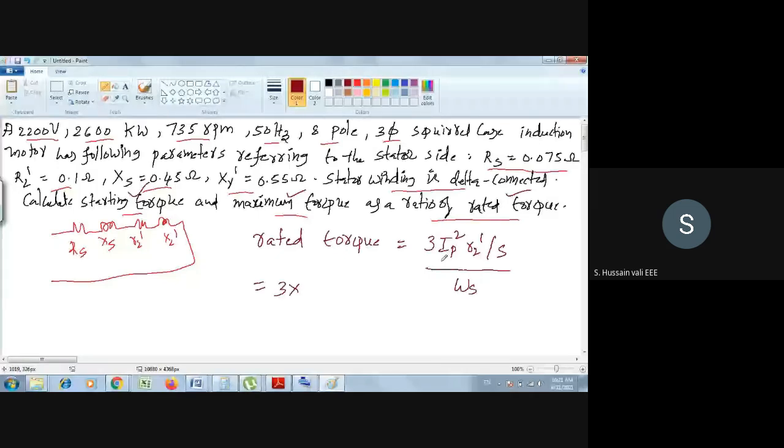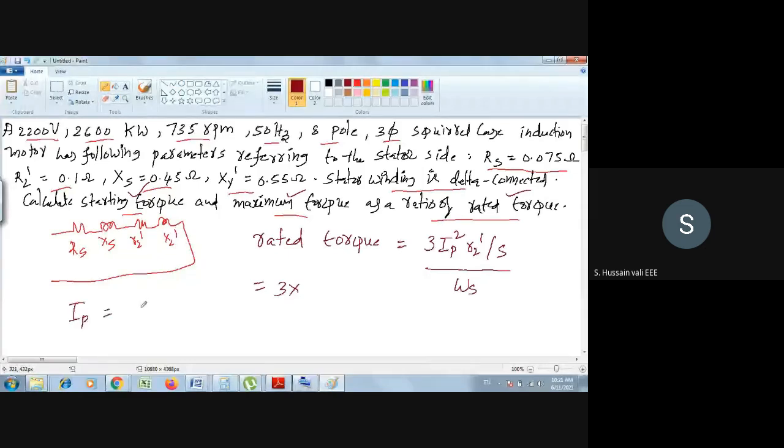So how do you find the rated current? Please recall the equation for I phase. What is IP? IP is the phase current.